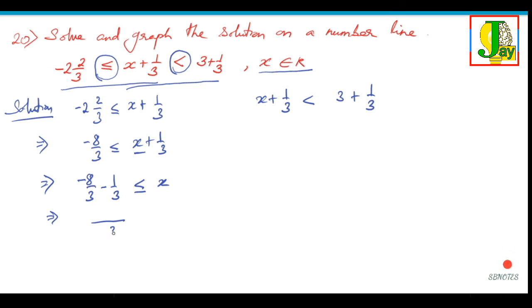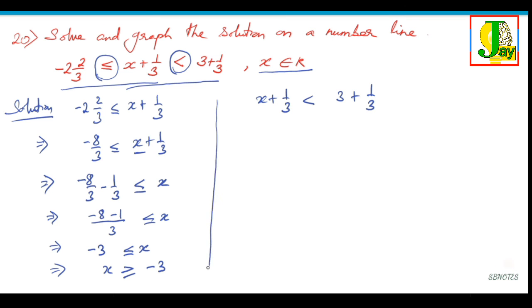If we take the LCM, we get minus 8 and minus 1, so that's minus 9 by 3, that's minus 3. Or we can write, since x is greater than or equal to minus 3, we are not transposing, we are just writing the same inequation the other way.